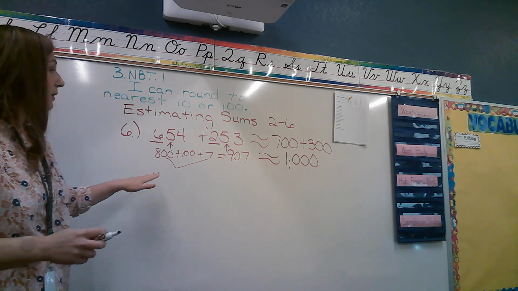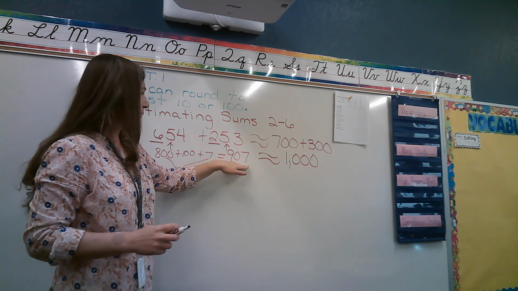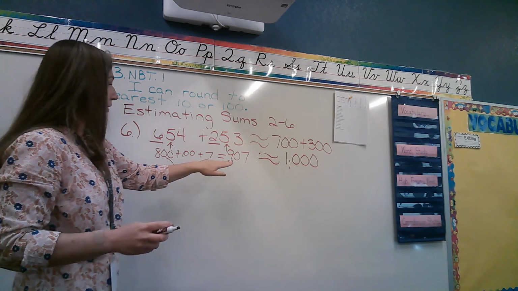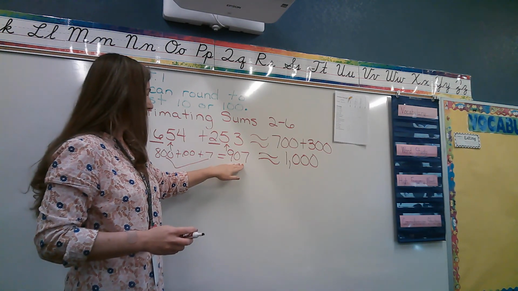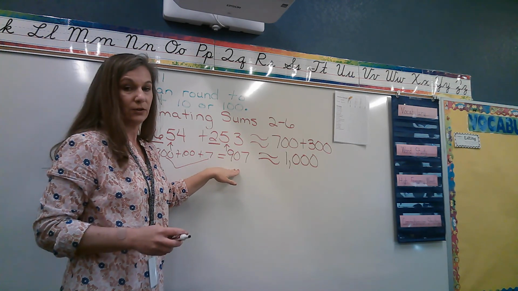Again, remember, if you're rounding to the nearest 100, the estimate is going to be further away. Now, if we were going to round this to the nearest 10, our estimate would be much closer to the exact answer.